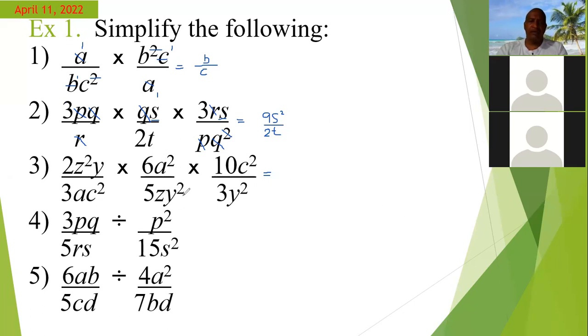So let us start off with the numbers first. Can we cancel any numbers at all? Yeah, the 6 and the 3. All right, so 3 into itself goes 1, 3 into 6 goes 2. What else? 5 into the 10.